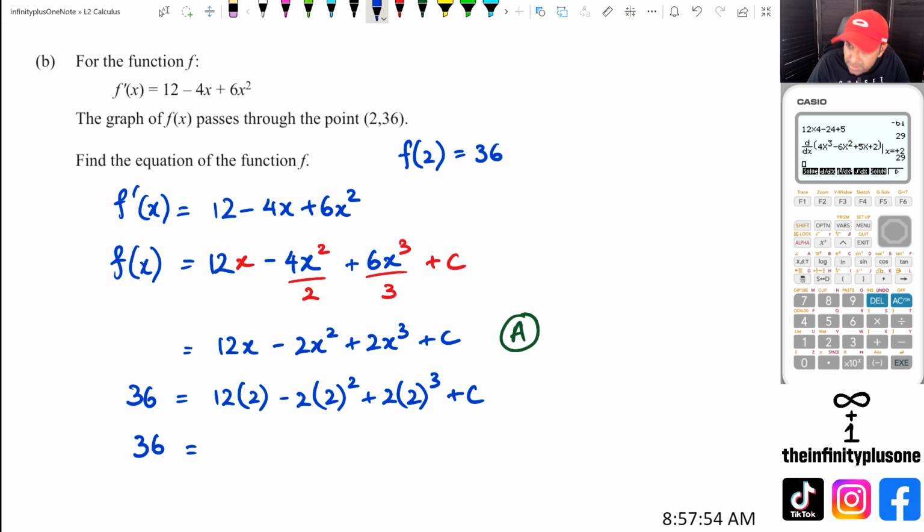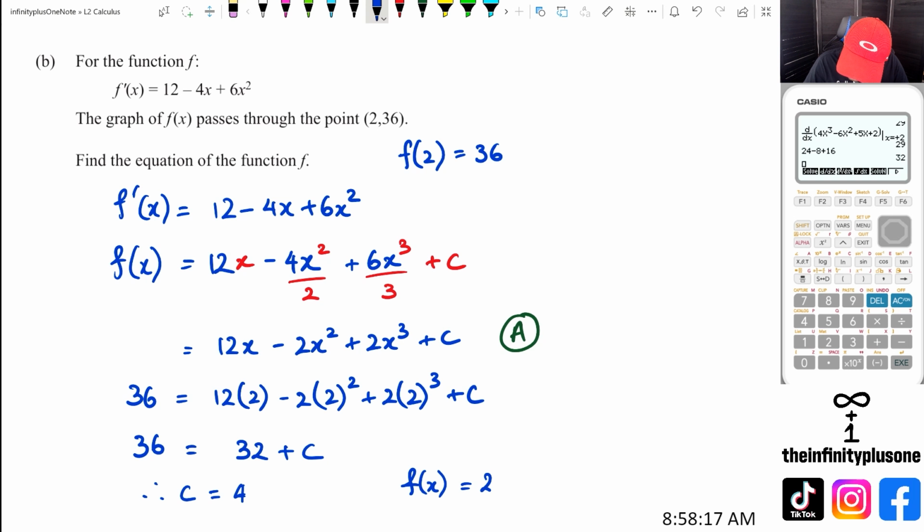So we're going to get 36 is equal to 24 minus 4 times 2 is 8, plus 8 times 2 is 16, and that's going to give me 32 plus c. So we can say c is equal to positive 4. So then our f of x is equal to 2x cubed minus 2x squared plus 12x plus 4.